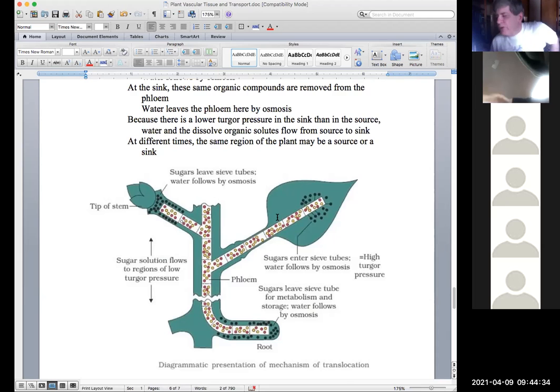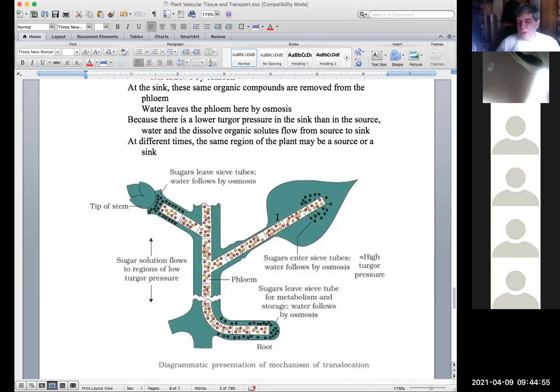Remember that sucrose is a disaccharide, and sucrose is made by combining one molecule of glucose with one molecule of fructose. So when we look at phloem, phloem can transport materials in either direction, up or down.